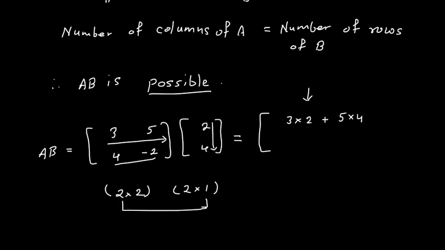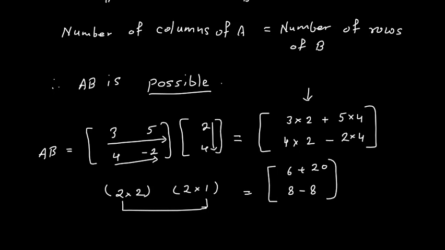Next, the second row multiplied with the first column, so it is 4 into 2 plus minus 2 into 4. Now find the value. This is 6 plus 20, and here it is 8 minus 8. So finally you get 26, 0. Not a comma, 26 over 0.